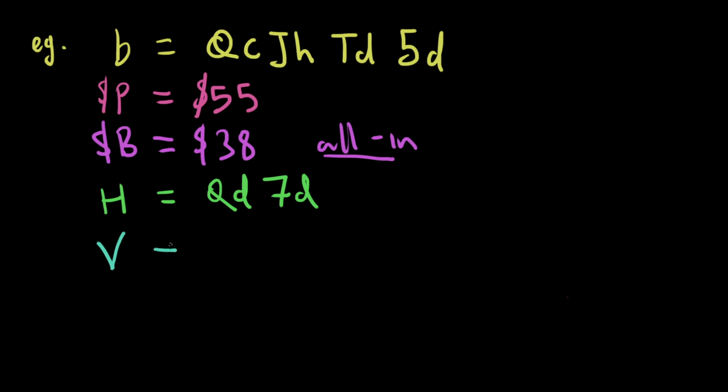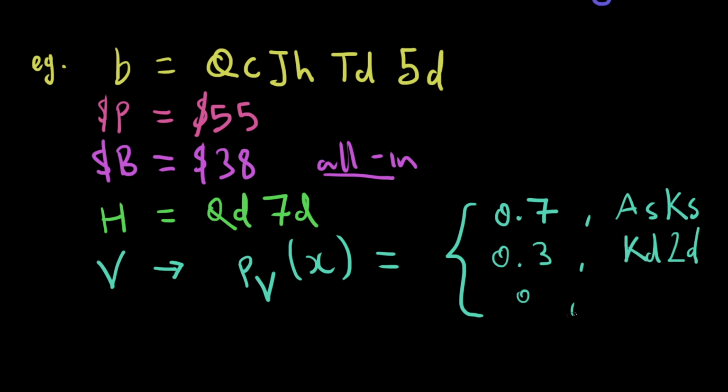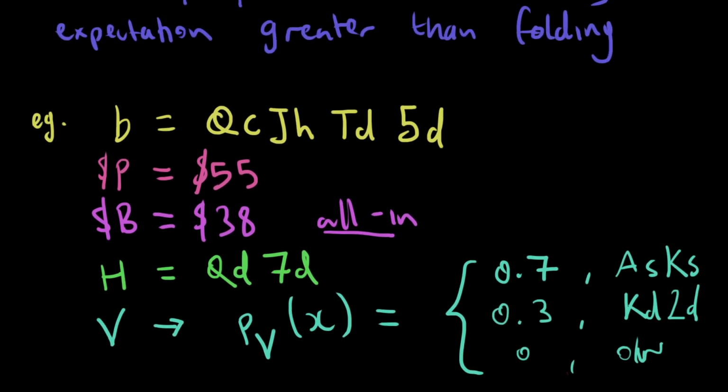Villain's distribution has a probability mass function, P_V of X, as follows: 0.7 for ace of spades, king of spades, and 0.3 for king of diamonds, 2 of diamonds, and 0 otherwise. Okay, we're asked to figure out whether or not hero should call this bet.